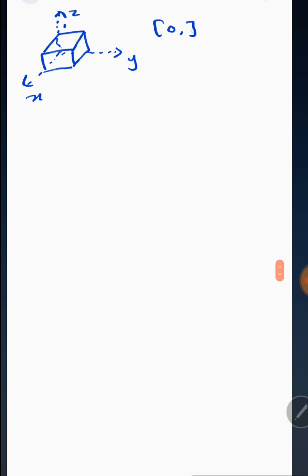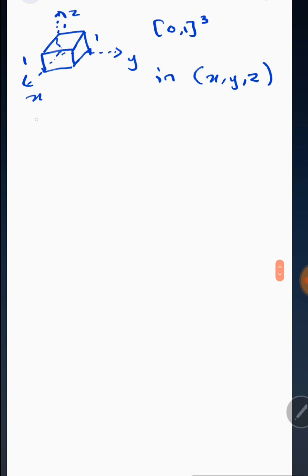Say that you have a unit cube, and it sits in the x, y, and z axes. Maybe this is x, y, this is z, and each of them goes from 0 to 1. So over here this is 1, over here this is 1, and over here this is 1. You have this unit cube in the xyz space.